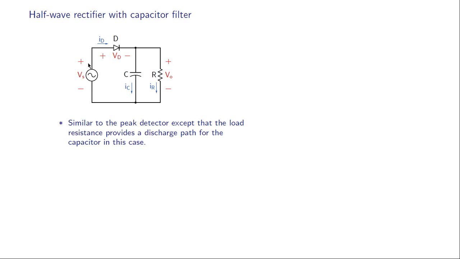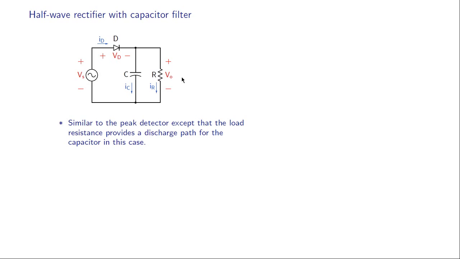And what is the peak of Vs? Vs varies from minus Vm to plus Vm. So the output voltage is going to be plus Vm, and that will be held constant. Of course, there will be this V on voltage drop across the diode, but if V on is negligible compared to other voltages, then we can say that the output voltage is constant.